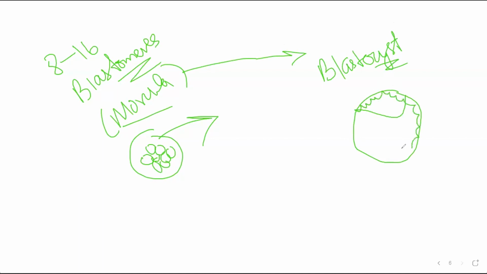Let me draw it once again for you. A group of cells starts arranging itself on the outer membrane region. These cells are known as the trophoblast cells.